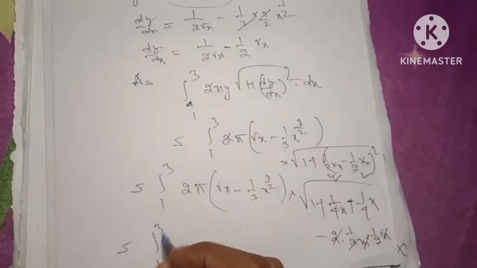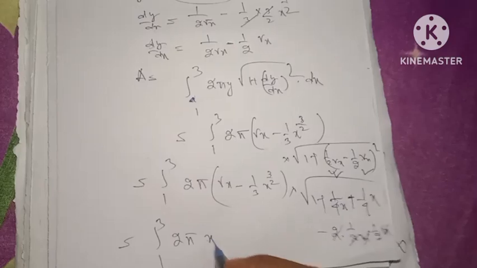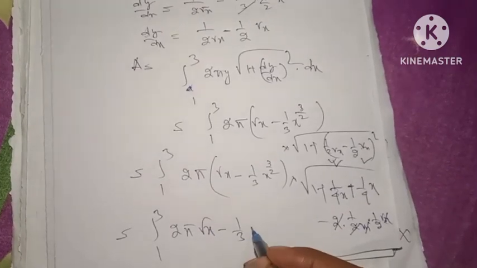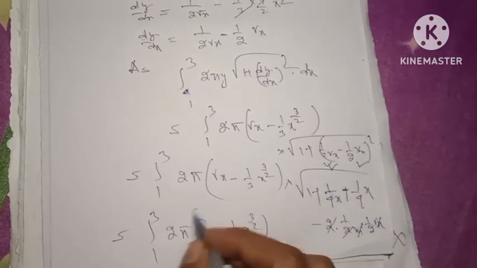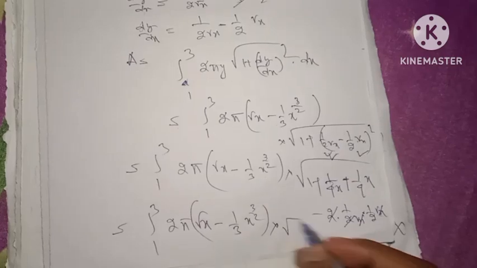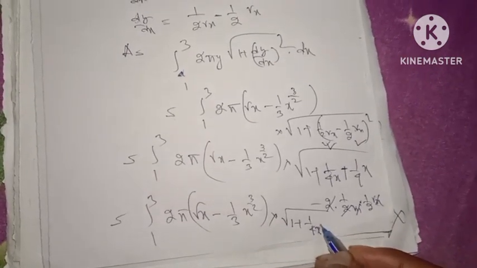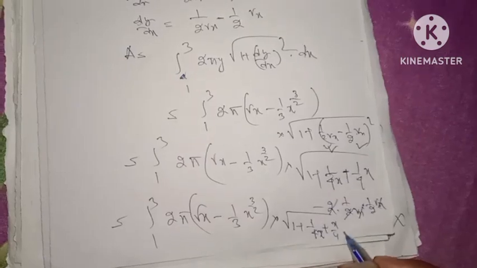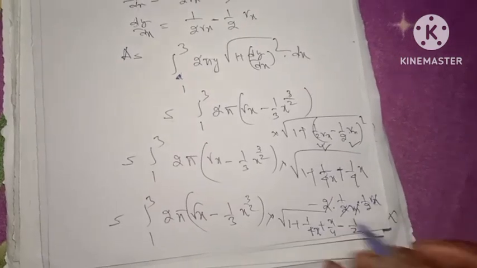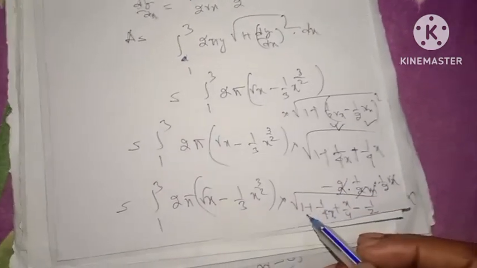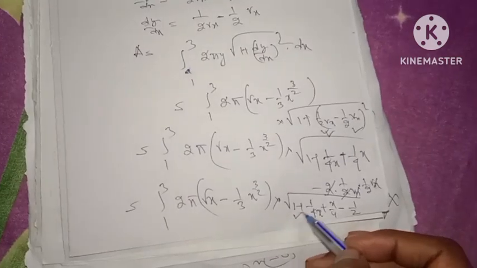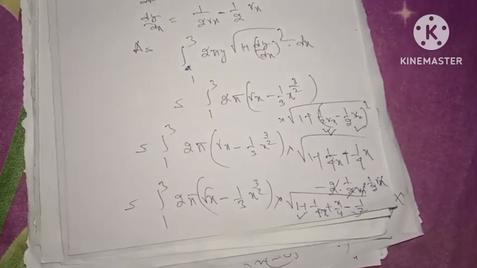So the integration from 1 to 3 of 2 pi times (root x minus 1 by 3 x to the power 3 by 2) into 1 plus 1 by 4x plus x by 4 minus 1 by 2. When you add them, this is the 1 and this is the minus half.